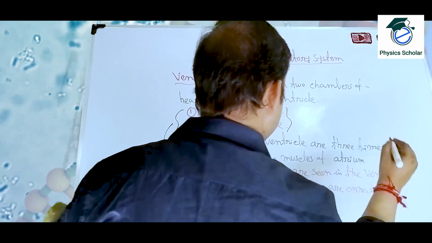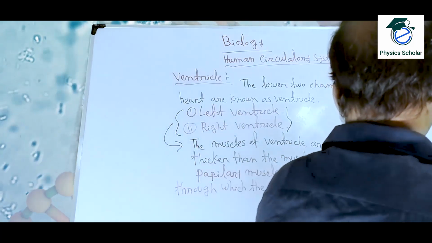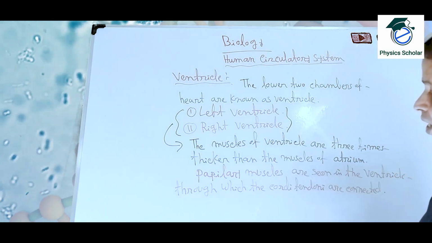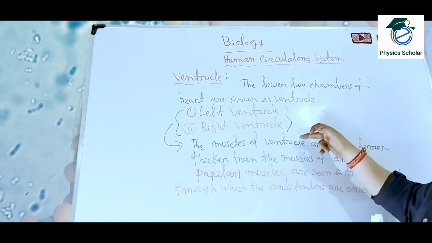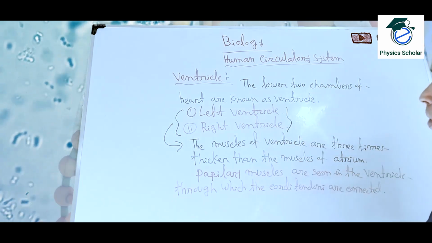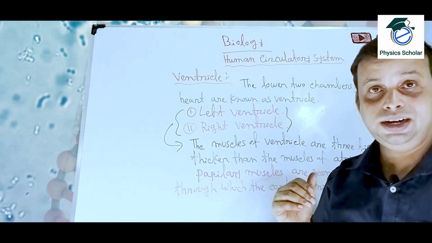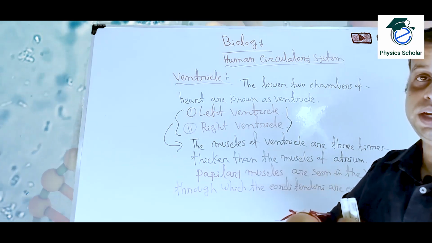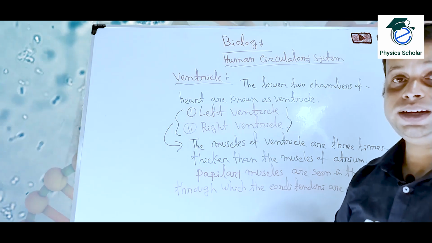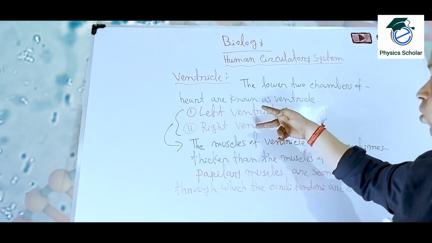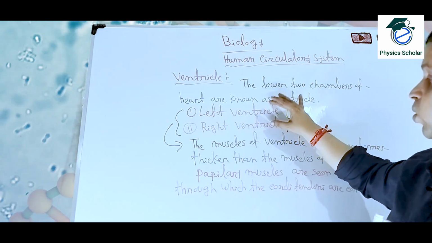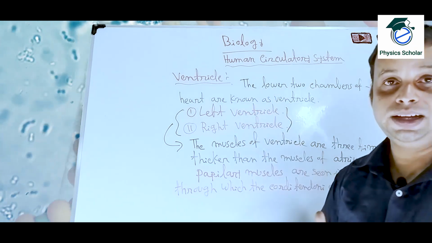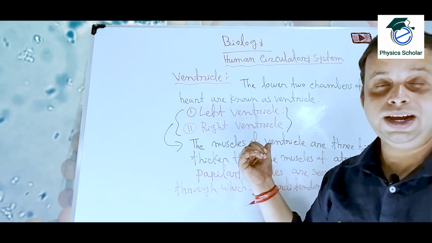I told what is chordae tendineae, the thread-like structure through which the bicuspid and tricuspid valves are attached, clear, and the other side of this chordae tendineae is connected with the papillary muscles of the ventricle, so that the two valves can only open in the downward direction but cannot open in the upward direction, clear. So the lower two parts of the heart are known as the ventricle. Two types of ventricles are there, left and right ventricles. Now we will discuss the left and right ventricles in detail.